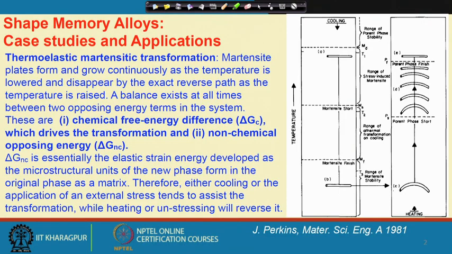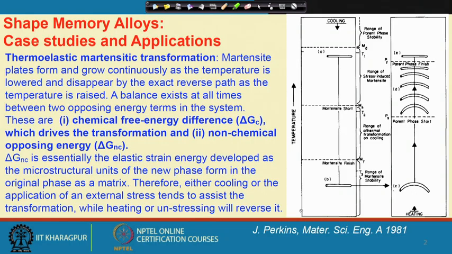In a thermoelastic martensitic transformation, the martensite phase that forms or nucleates in the austenite grows continuously as the temperature is decreased or lowered.